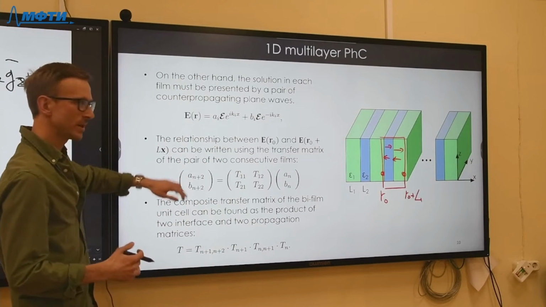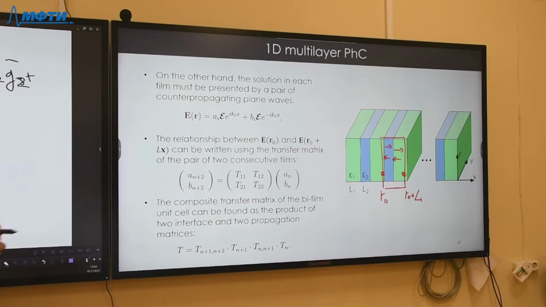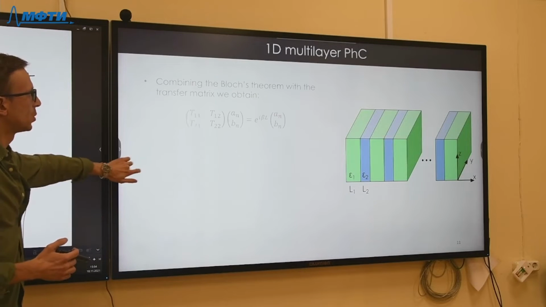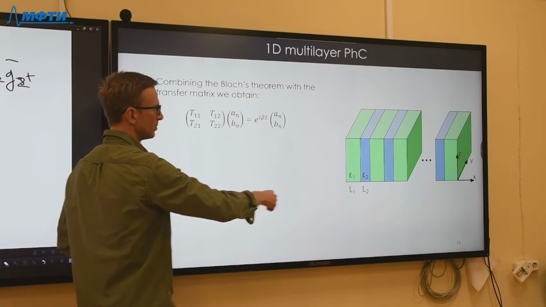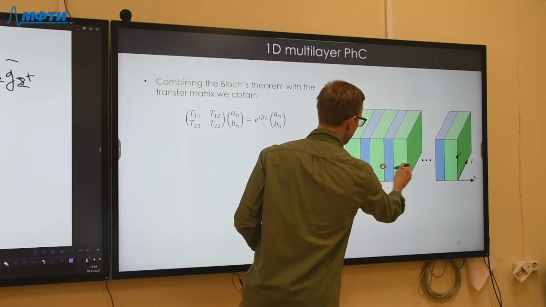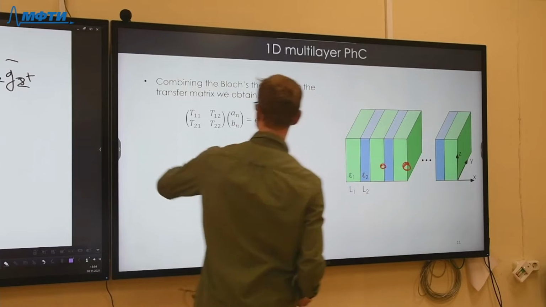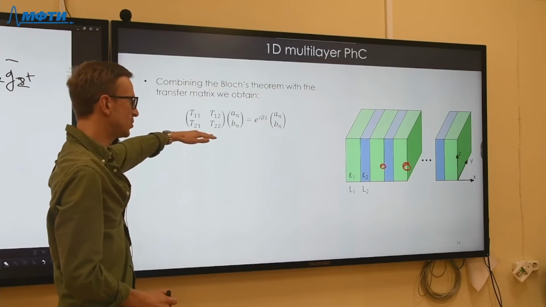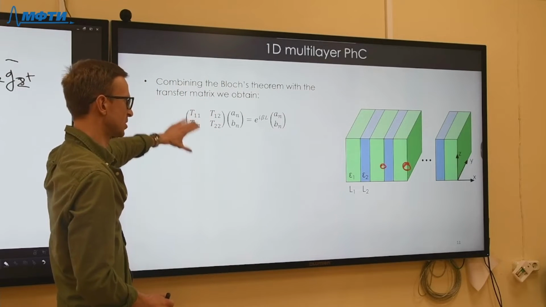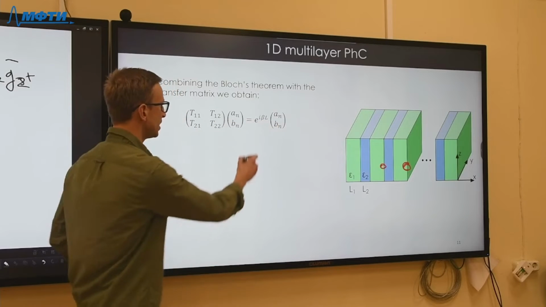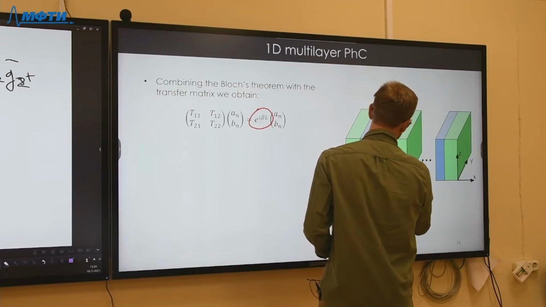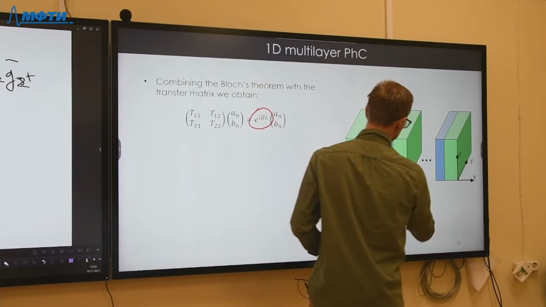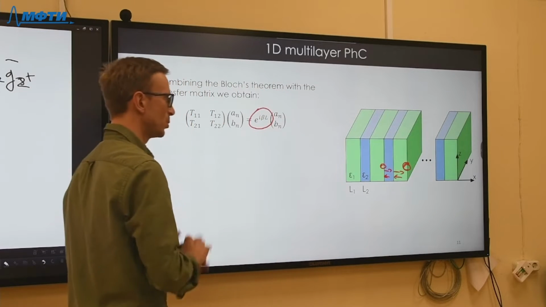Okay, so now let's combine the two approaches, the Bloch approach and the transfer matrix approach. And when we combine the two, we'll see that on the one hand, the relationship between the fields on this side and on this side is given by the transfer matrix, which we do know. We know all the 4 elements of this matrix. But on the other side, it is simply given by this thing because, on the one hand, it is the 2 counter-propagating plane waves, which we know everything about.